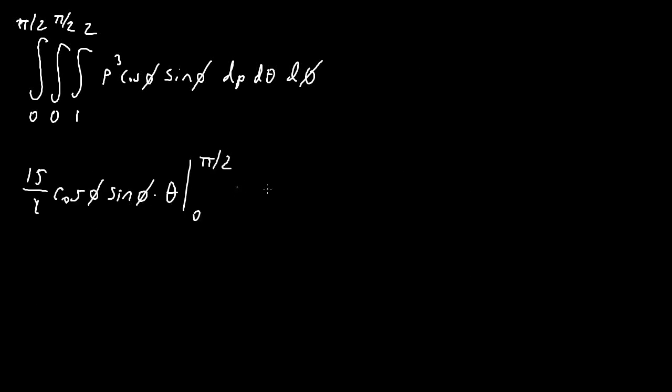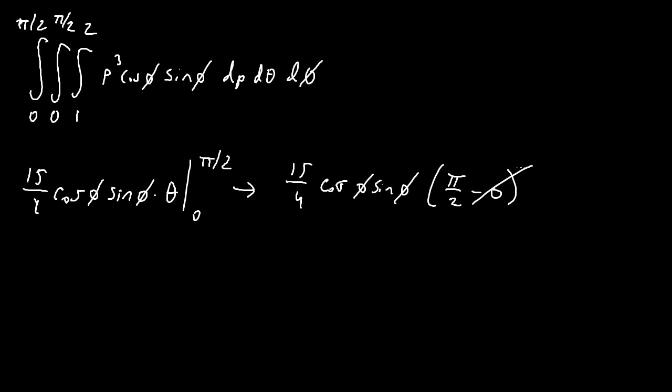So when I evaluate, we'll get 15 over 4 times cosine phi sine of phi, and then times, when I plug in pi over 2 for theta, we'll just get pi over 2, minus when I plug in 0. That will cancel, and so we're left with 15 pi over 8 times cosine phi times sine of phi. So now we can finally get rid of the phi variable by integrating with respect to phi from 0 to pi over 2.